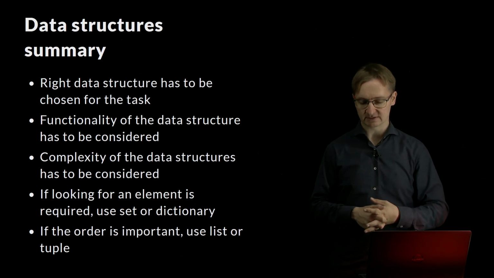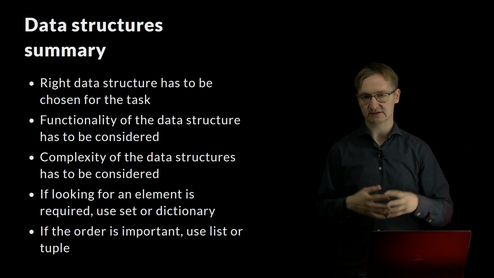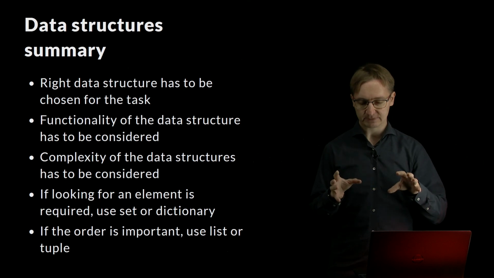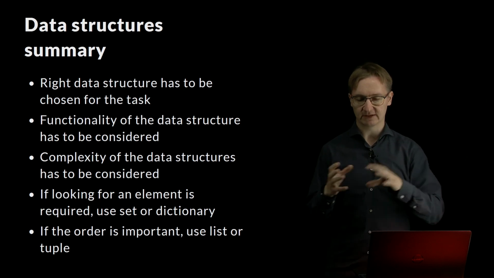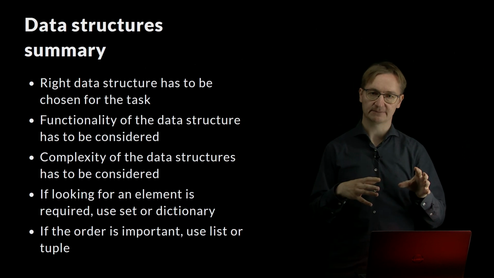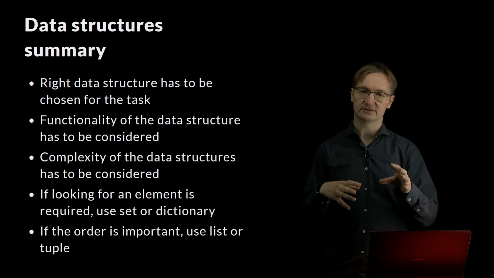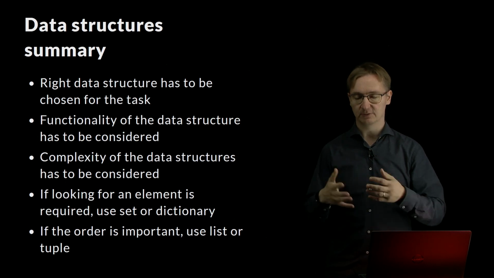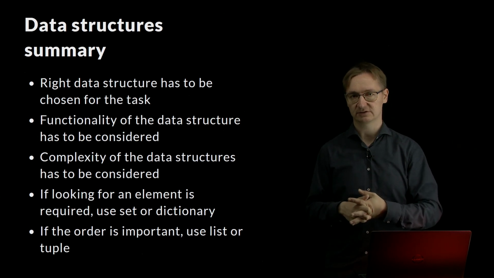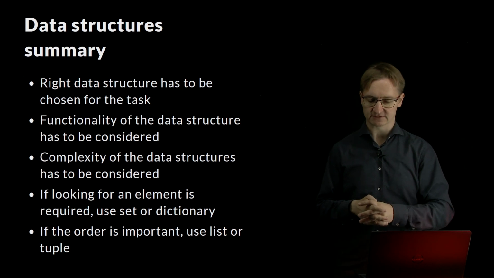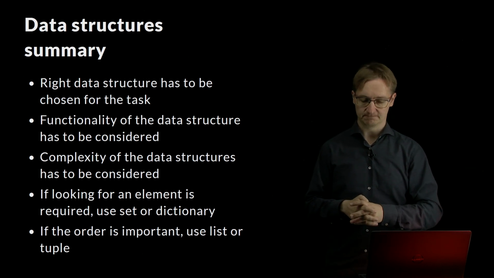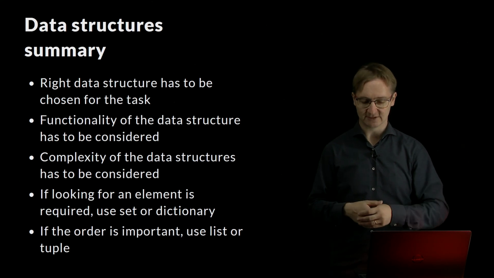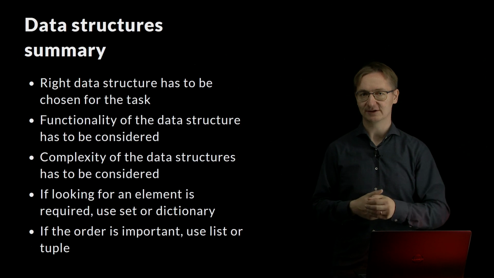But the basic idea is that you understand that different data structures act differently. They have different complexity. If you are looking for an element inside a list, for example, then you should know that this operation is quite slow. And to make it more efficient, you probably have to use a set or dictionary or some other data structure. So know what you want to do and know how the data structures you are using perform.